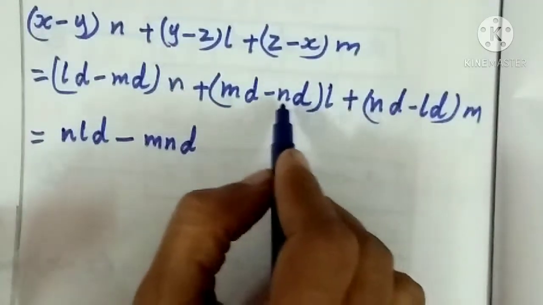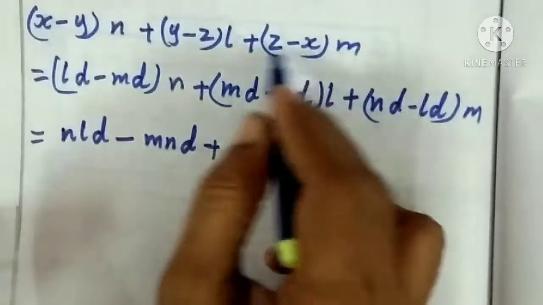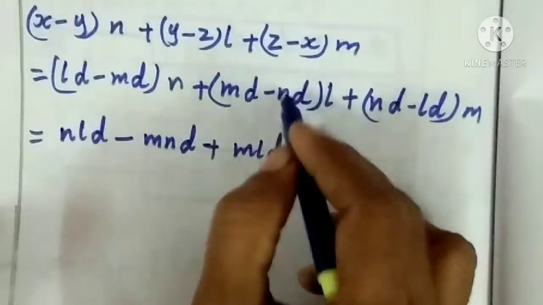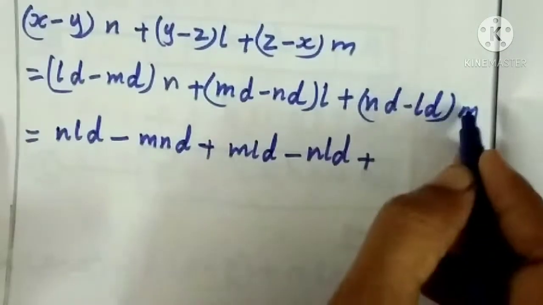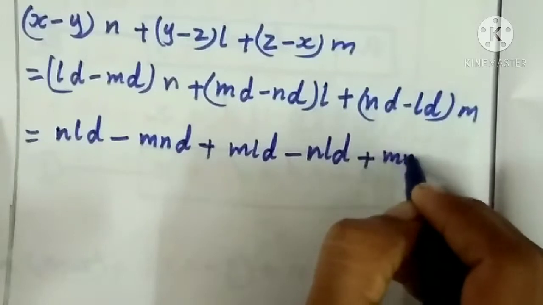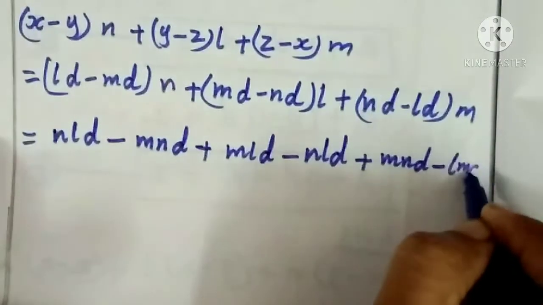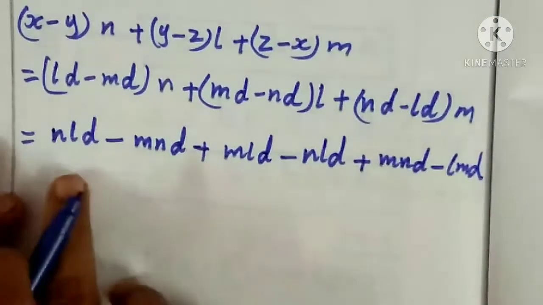Then next you have to multiply with ML plus MLD minus NLD plus MND minus LMD. Now you have to simplify this.